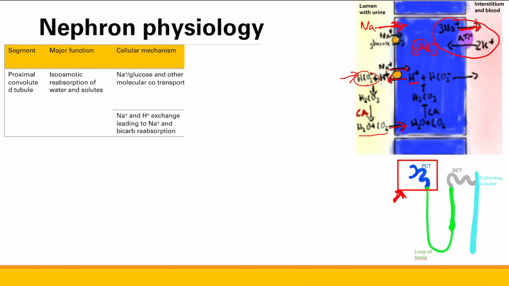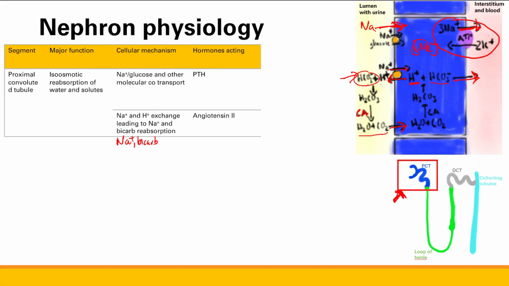And then, as you see here, the H plus is back where we just started, and now we have bicarb inside the cell, and it's able to be secreted into the interstitium and the blood. So this is very important. You get net Na plus and bicarb reabsorption, and you don't even use any H plus. It's just being recycled.